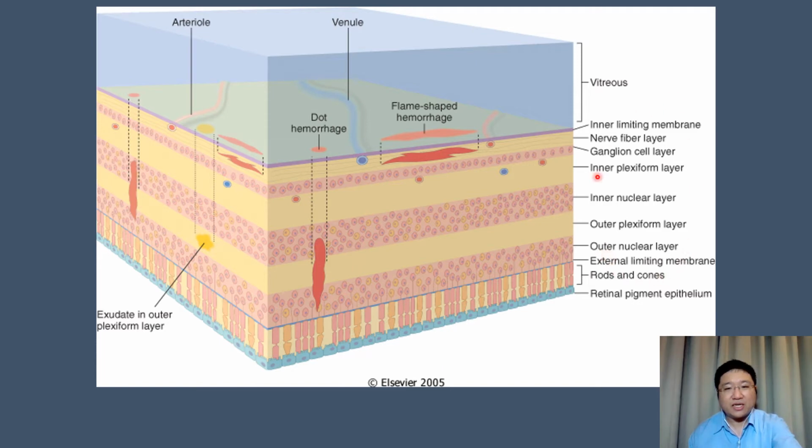These are together called neurosensory retina, and rods and cones are taken care of by the retinal pigment epithelium.